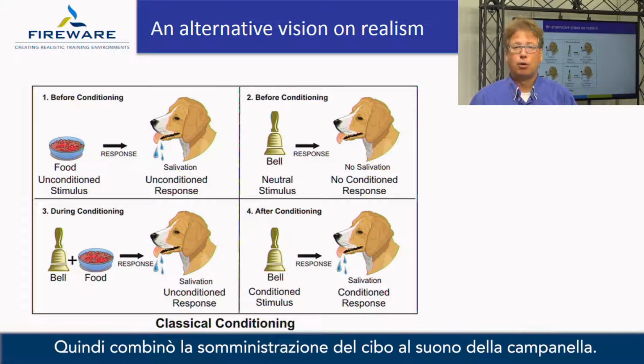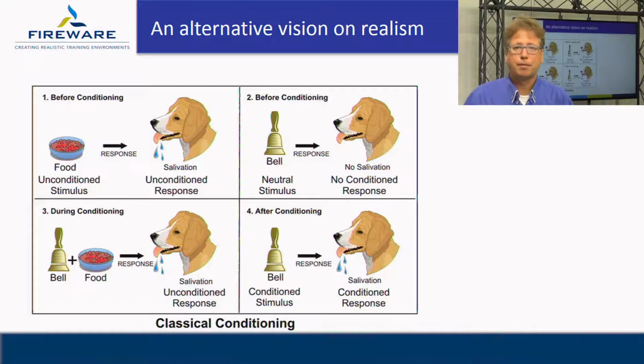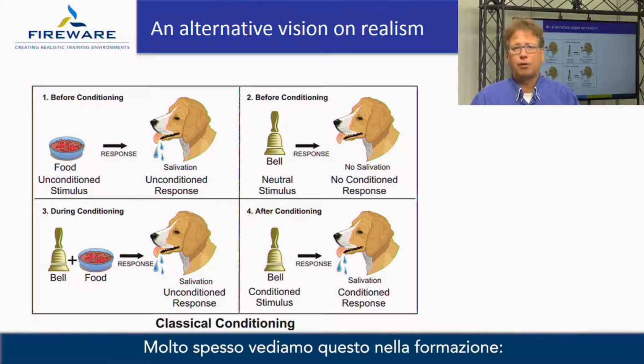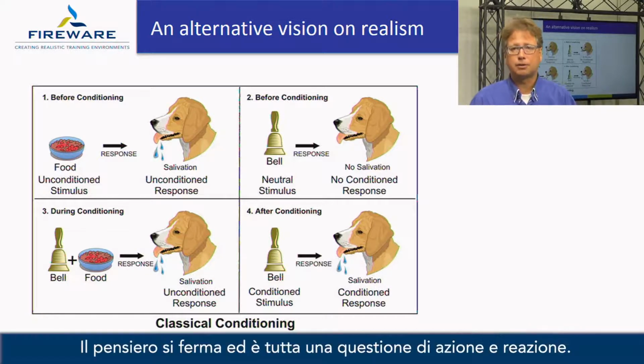But what he did was, when he gave the food to the dog, at the same moment he rang the bell, he did that several times. After a while, he just had to ring the bell and the dog started drooling. These are the things that we often see in training. People see an action and react in a specific way. Thinking stops and it's action and reaction.